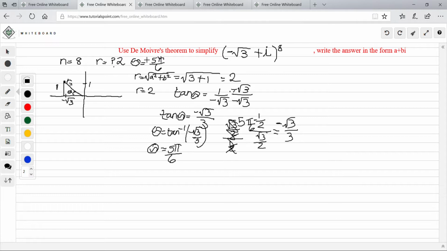Now we know everything, so we can use de Moivre's theorem. De Moivre is z to the n equals r to the n times cosine of n theta plus i sine of n theta. We know our radius is 2 and our n is 8.